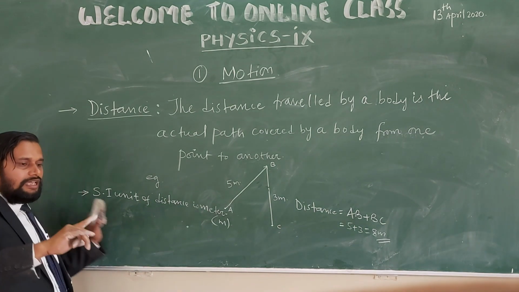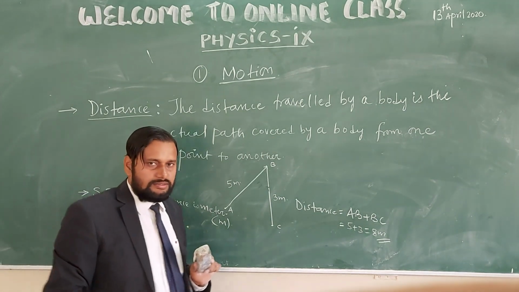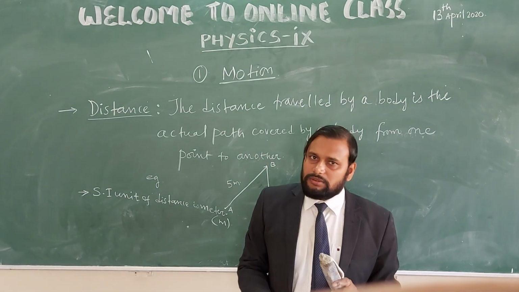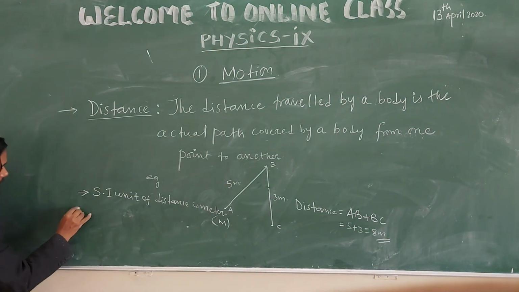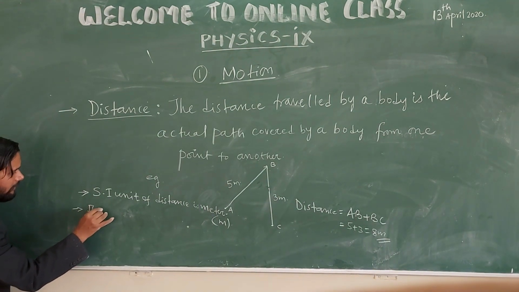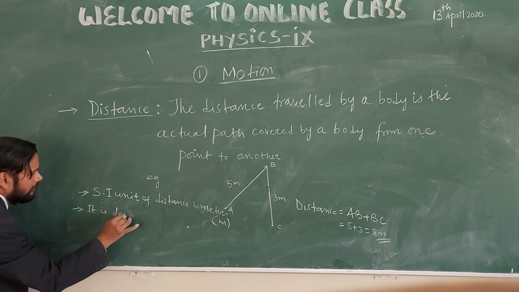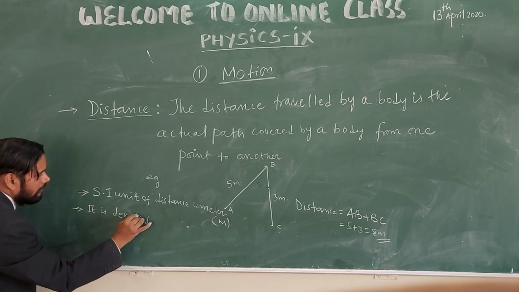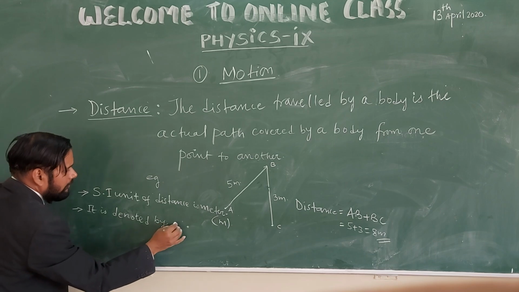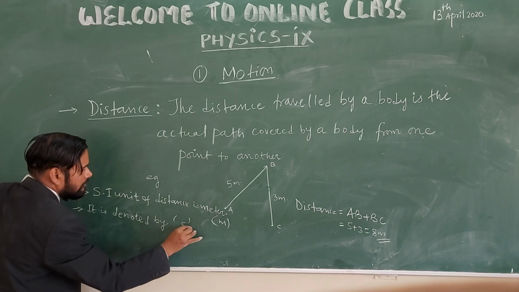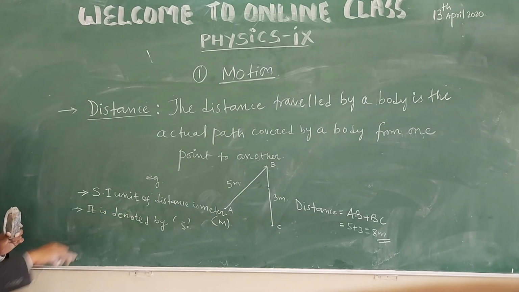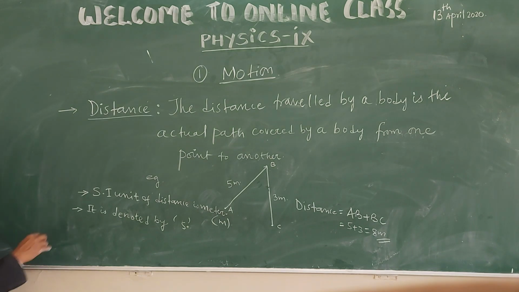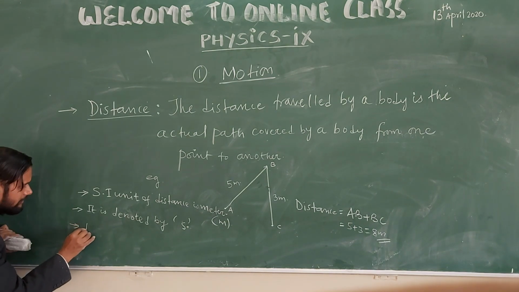That means every time when we solve some numericals, you have to take the unit as meter. It is denoted by S. Distance in short is denoted by S. It is a scalar quantity.